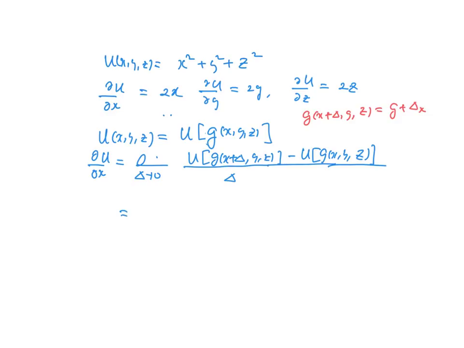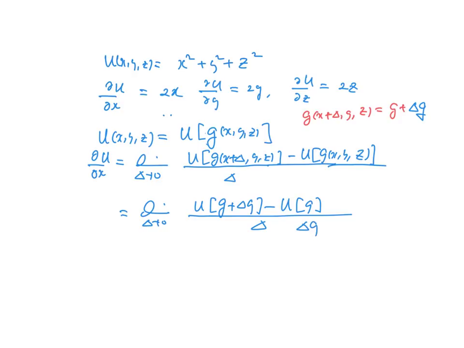So then this can be something like this, delta g. As delta goes to 0, delta g also goes to 0, u(g plus delta g) minus u(g), times delta g over delta g.